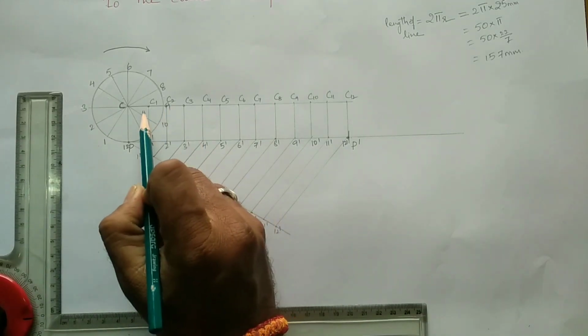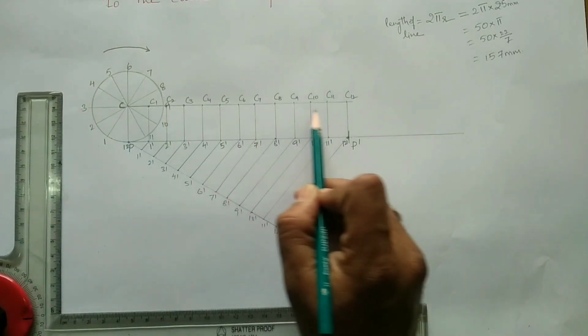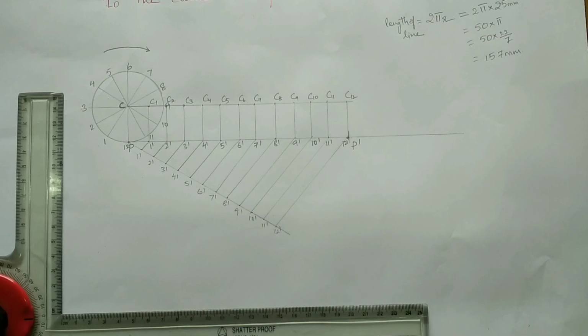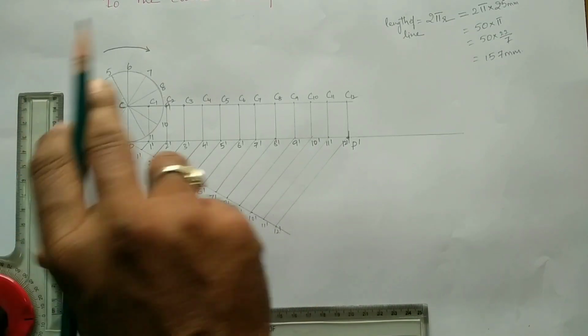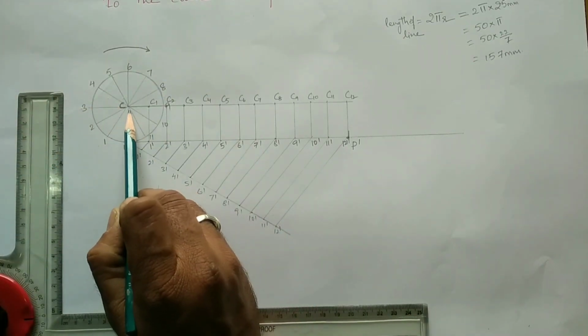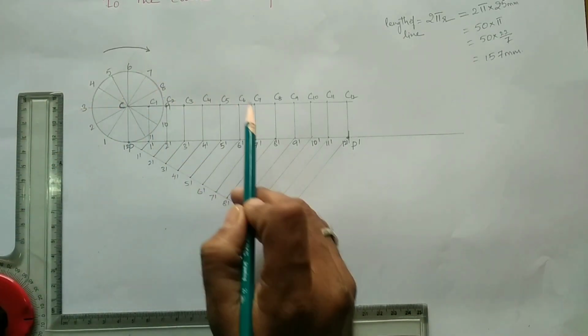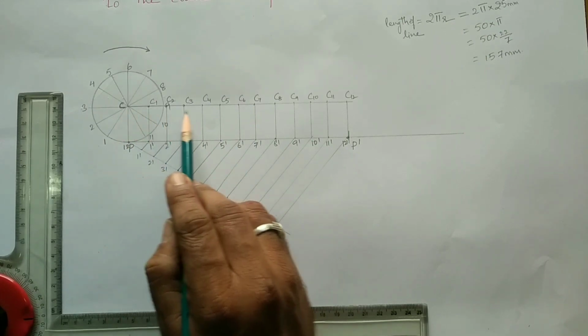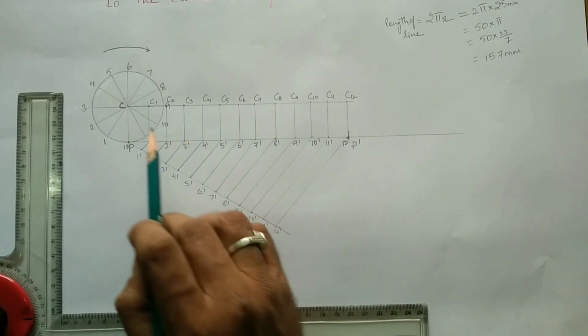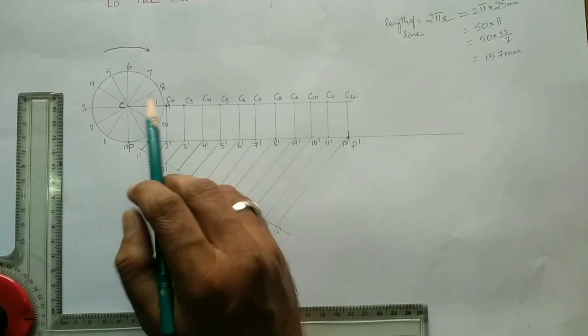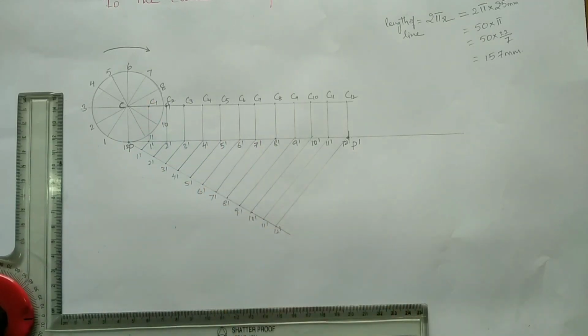So from the center points we have drawn all the lines. Why? Because as the circle moves in the forward direction, the center will be changing. When it is moving forward, the center will be at different positions. So for identification, we mention them as C1, C2 up to C12.